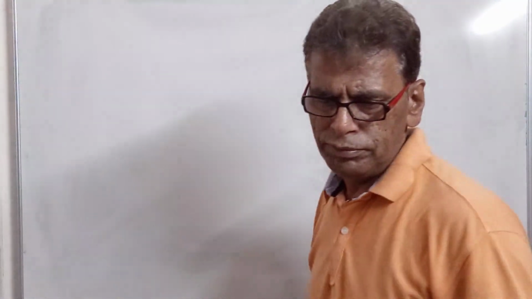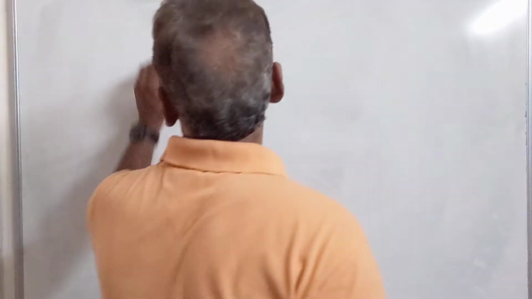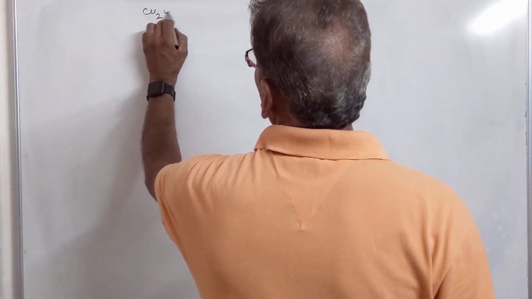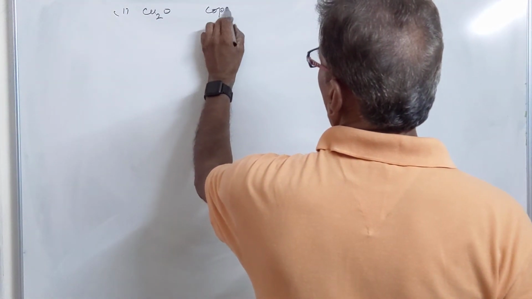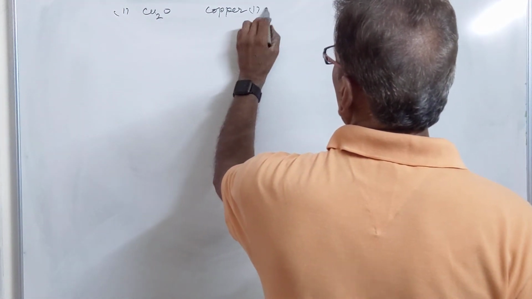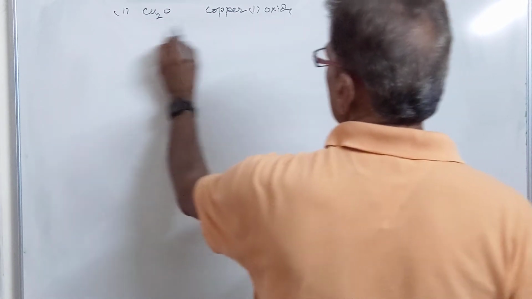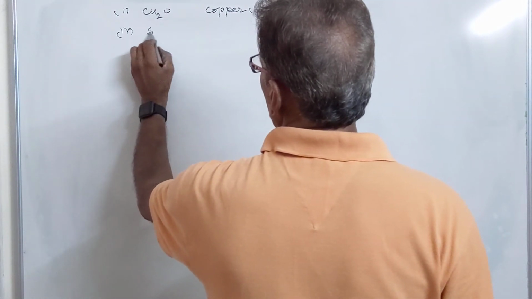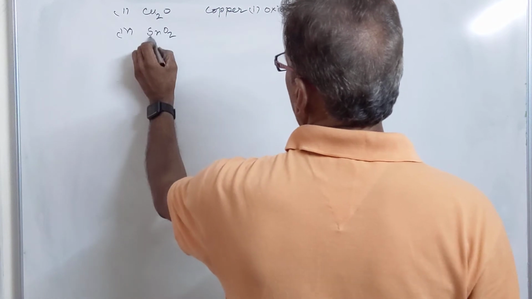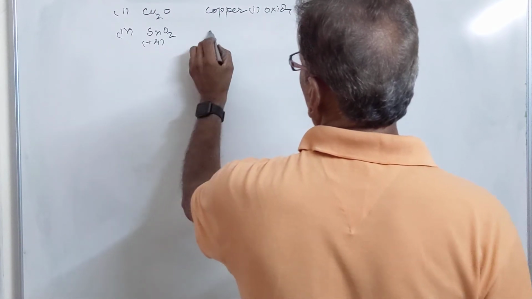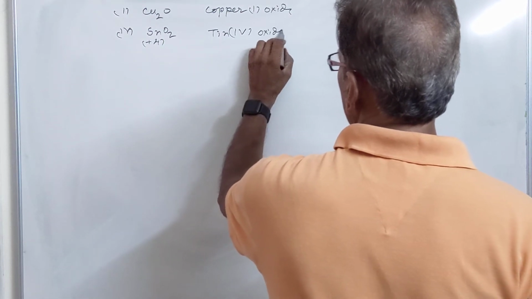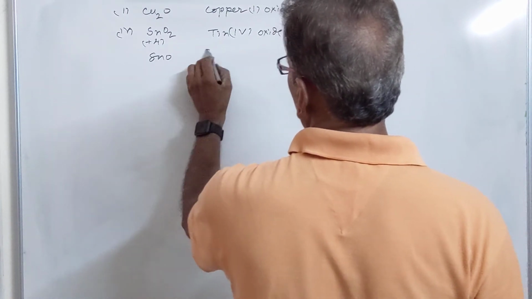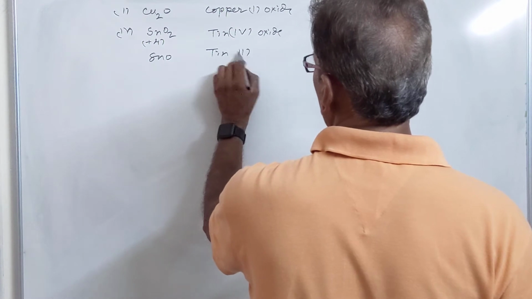First of all, we take Cu2O. Here the oxidation number of copper is 1, so you will write copper(I) oxide. We have SnO2. Here the oxidation number of tin is +4. We write tin(IV) oxide. We have SnO, tin(II) oxide.